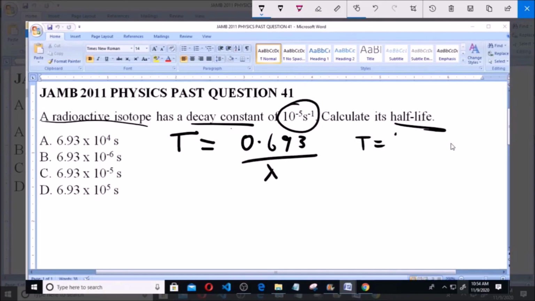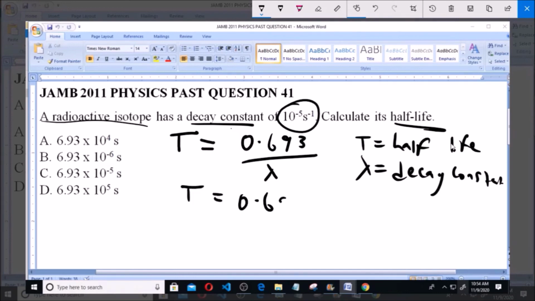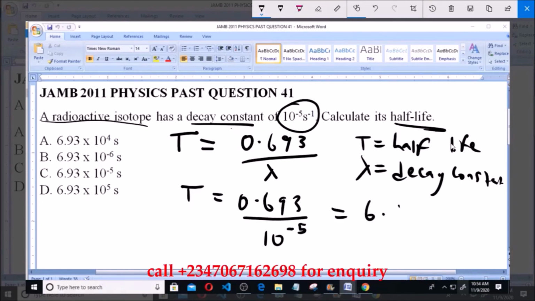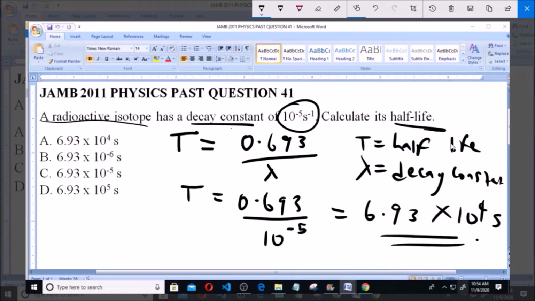So T is the half-life and lambda is the decay constant. So that means T is equal to 0.693 over 10 to the power of minus 5, and this is equal to 6.93 times 10 raised to the power of 4 seconds. This is the answer to the question, and that is option A.